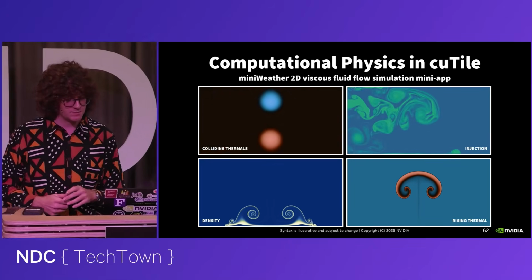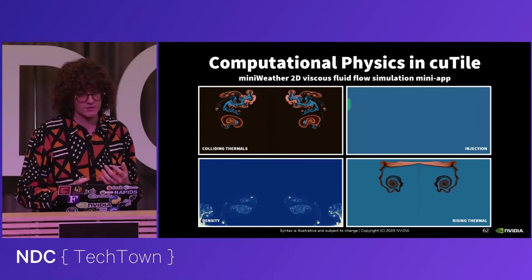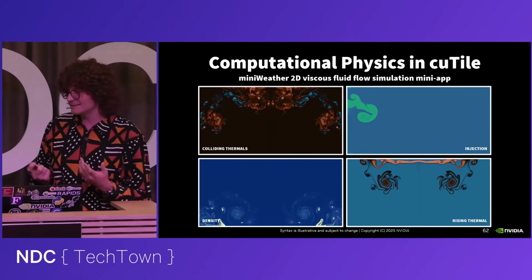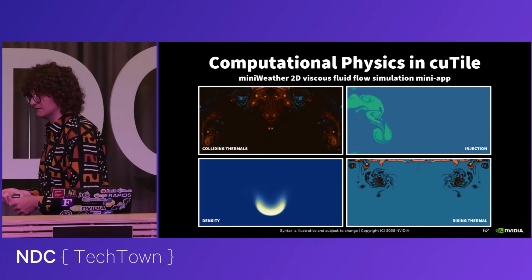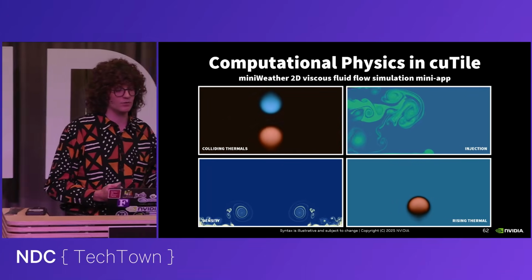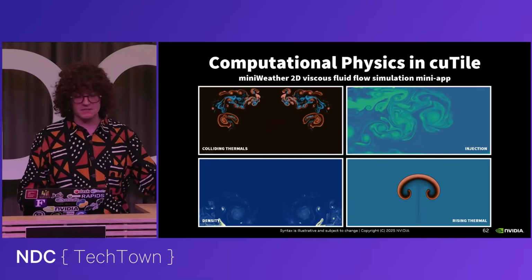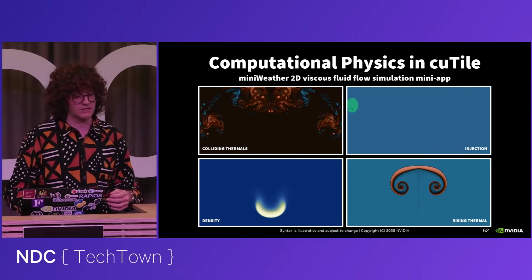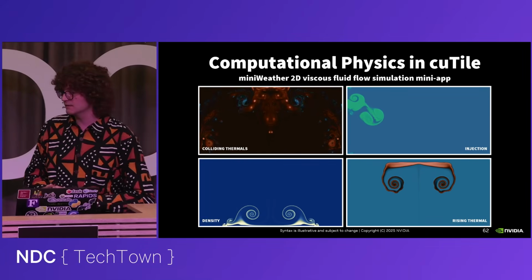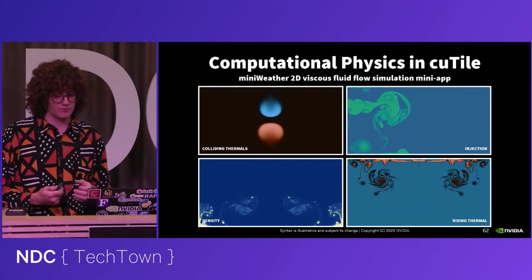It's a traditional HPC stencil code on a structured grid with a bunch of different physics models, which are shown here. And it doesn't actually use the tensor cores at all. However, it can still benefit from cuTile because cuTile will automate things like using more advanced memory movement operations like those block-wide loads and stores, which would be very challenging to program manually.